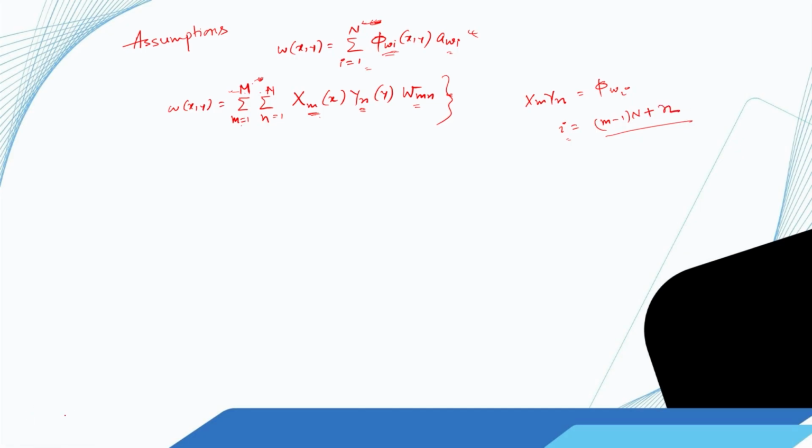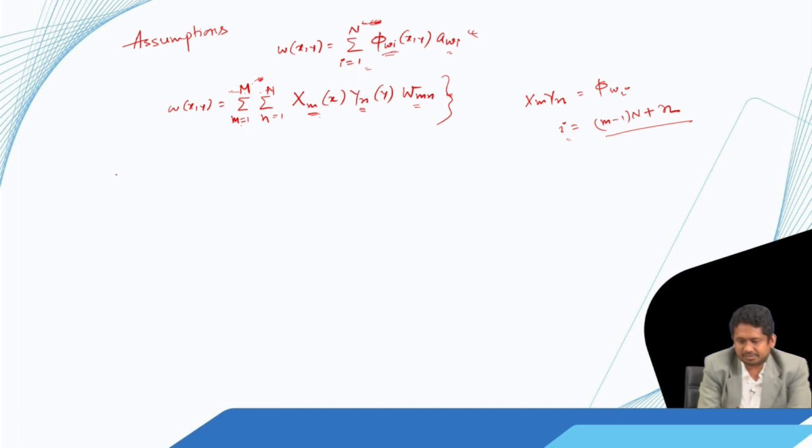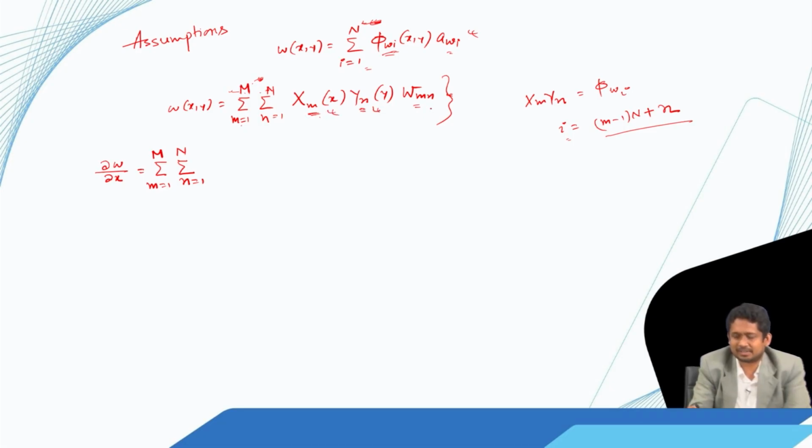small n. Now, let us define the derivatives. So, we have del w by del x. I can write this as this double summation, n going from 1 to n, m going from 1 to m, and if I differentiate this, this is purely a function of x and this is purely a function of y and this is constant.